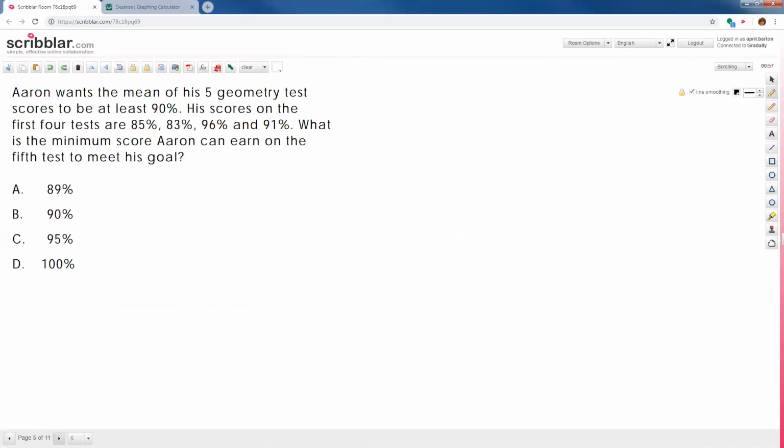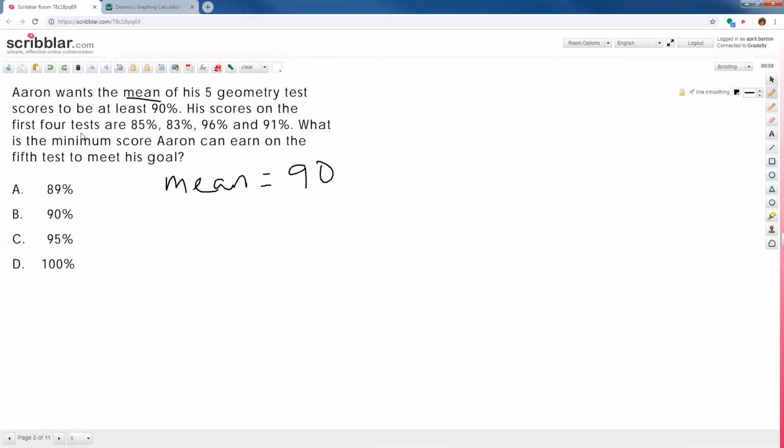Okay, so here we are. So next one, Aaron wants the mean. So we already talked about mean being adding all the numbers together, divide by how many there are. The mean of his 5 geometry test scores to be at least 90%. So we want the mean to be 90.